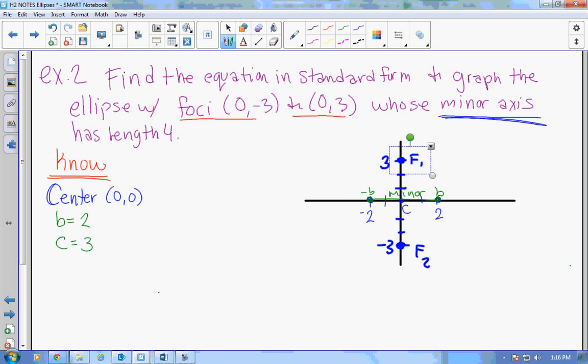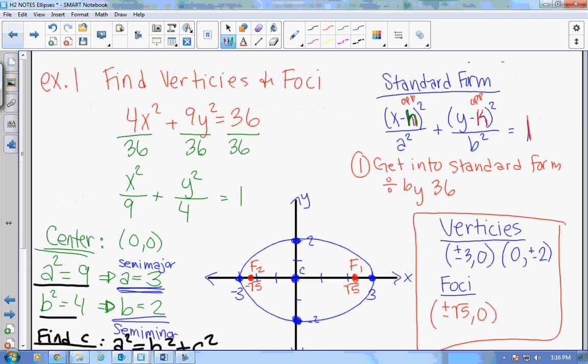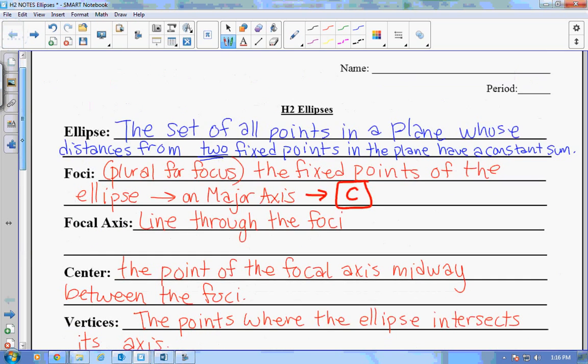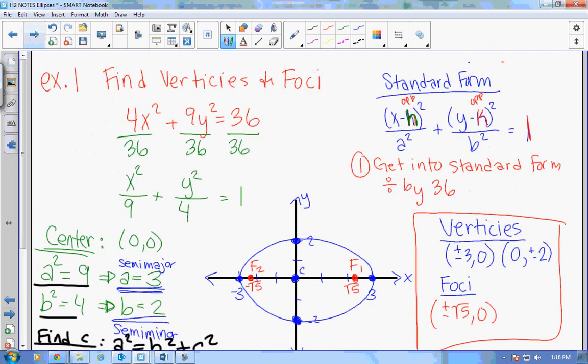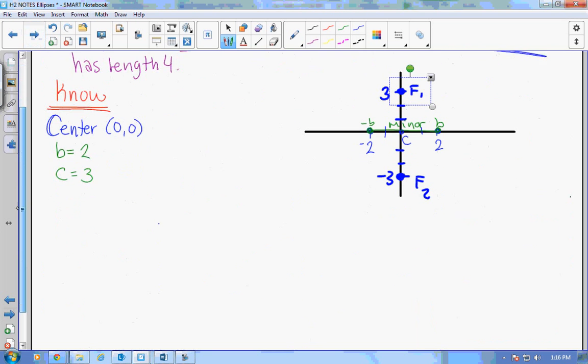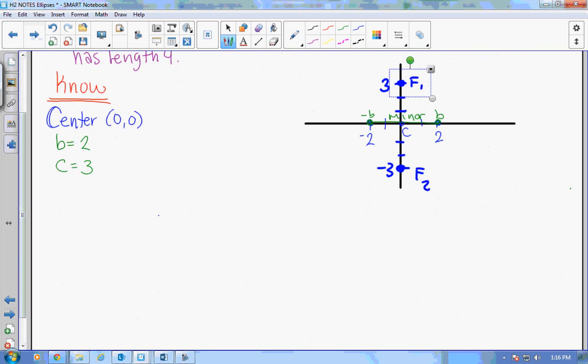But let's go back to our list of vocabulary and look at the Pythagorean relationship because it's a little different. It's not a squared plus b squared equals c squared. What is it instead? Okay, so the a squared is isolated. So back to these notes. This is what we want.